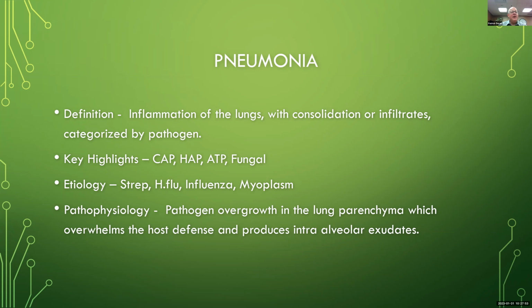And basically strep strains of bacteria, Haemophilus influenza, just influenza A and B, okay, H1N1, COVID caused it, and then mycoplasma can also be an etiology, the top etiologies for pneumonia.